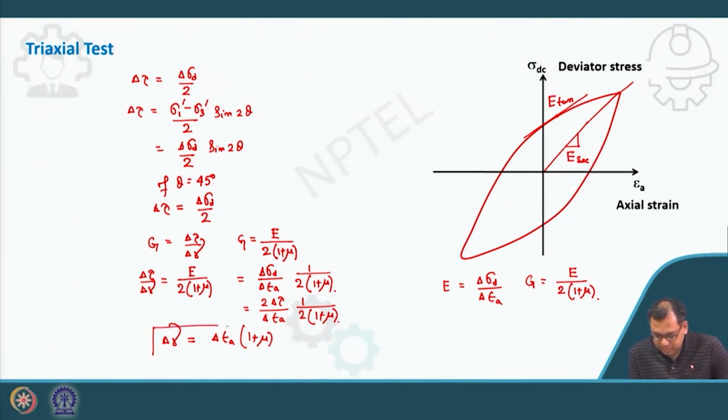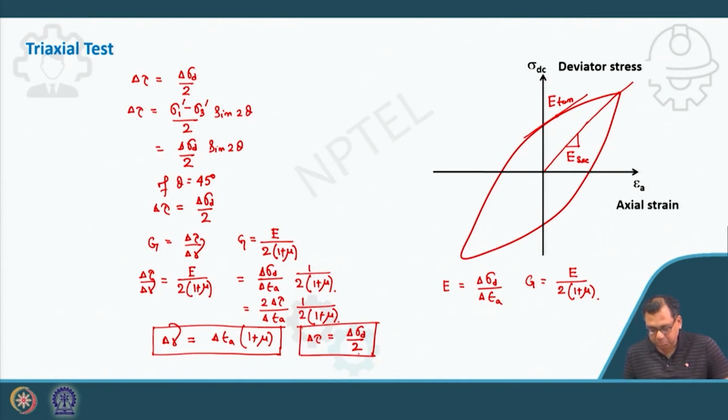So this is the other condition by which you can convert the deviator stress versus axial strain plot to a shear stress versus shear strain plot, with shear stress equal to deviator stress divided by 2. So this is the condition.